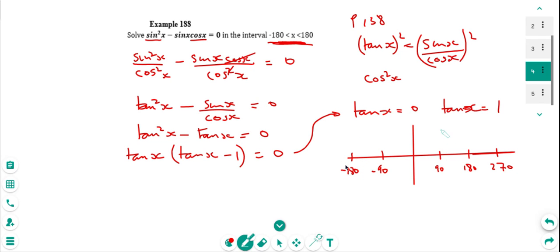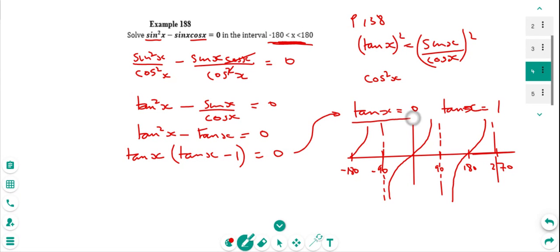So we put our asymptotes in, and then our graph is going to look like this. We're just interested in the portion between minus 180 and plus 180.